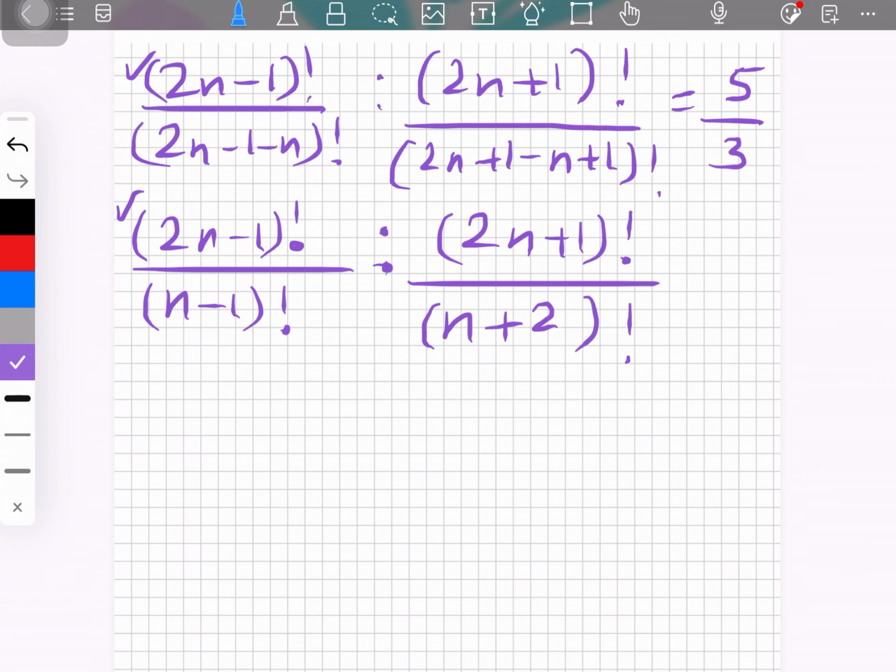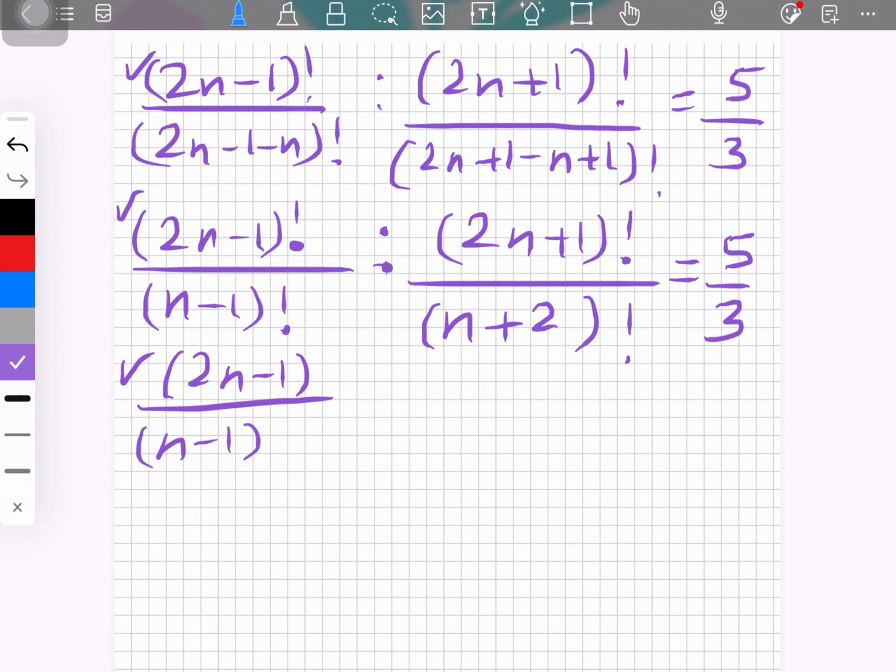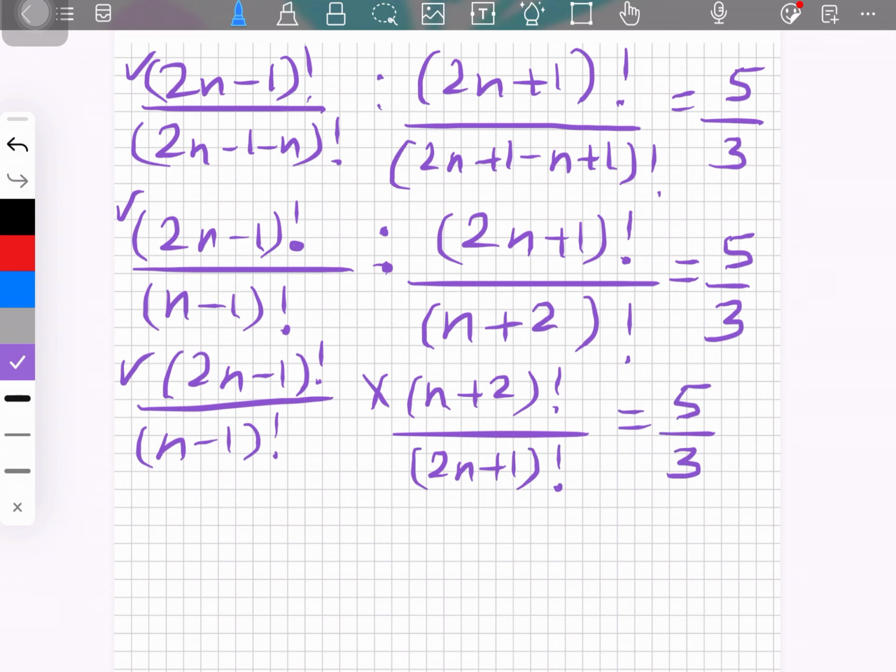So now it is equal to 5 by 3. Now let's remove this ratio sign and change it to multiplication. Ratio sign is nothing but division sign. We are going to reciprocate everything and we will get n plus 2 factorial over 2n plus 1 factorial is equal to 5 over 3.